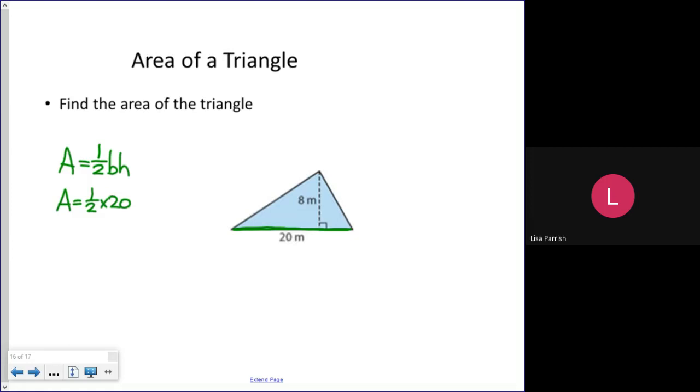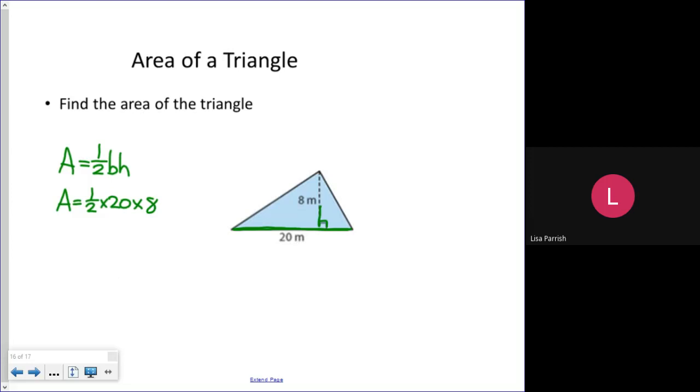So that's 20, times your height, which is always going to be that line running from the top to the bottom. Again, like Mr. Harden said, if you go to the doctor to measure your height, you stand straight up. So this line running down to the base almost looks like it's making an H right there, an H for height.